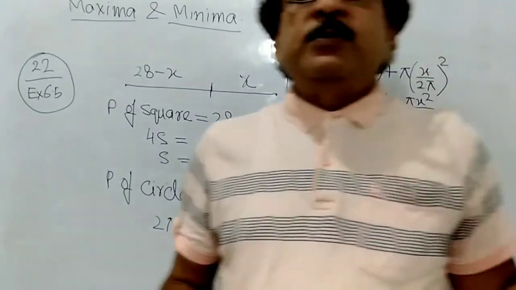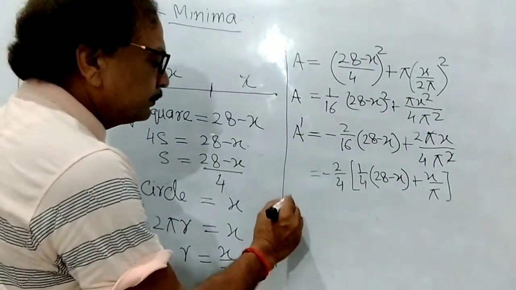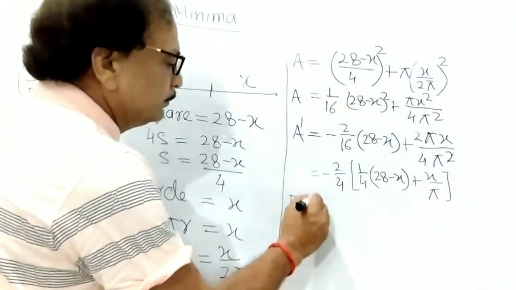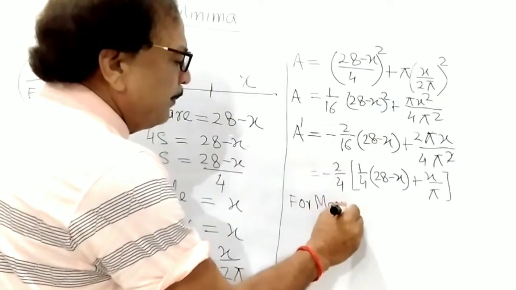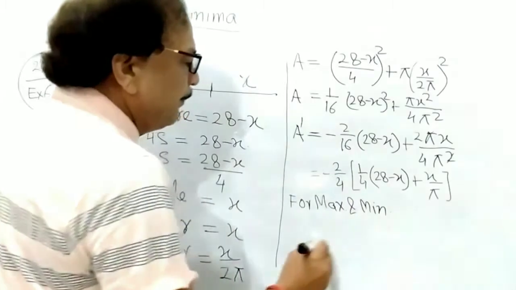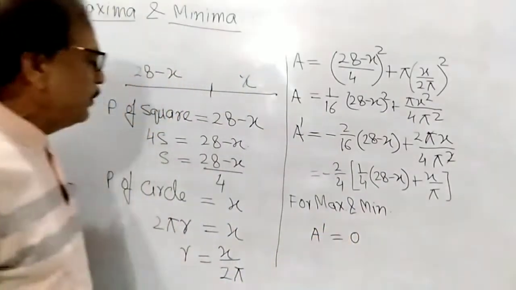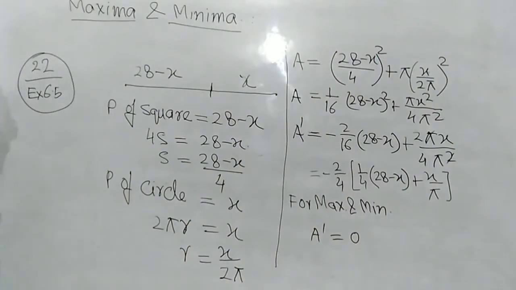So for maximum and minimum, so this will be equal to what? 0. So for maximum and minimum, A dash will be equal to 0. So for maximum and minimum, what happened?